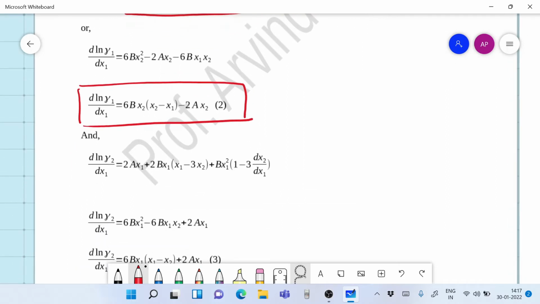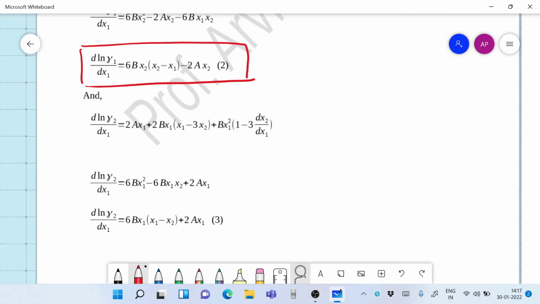Now we do this similarly for ln gamma 2. So here it goes. We have only one dx2 by dx1 here and we replace this with minus 1 and we get the following equation, that is 3.